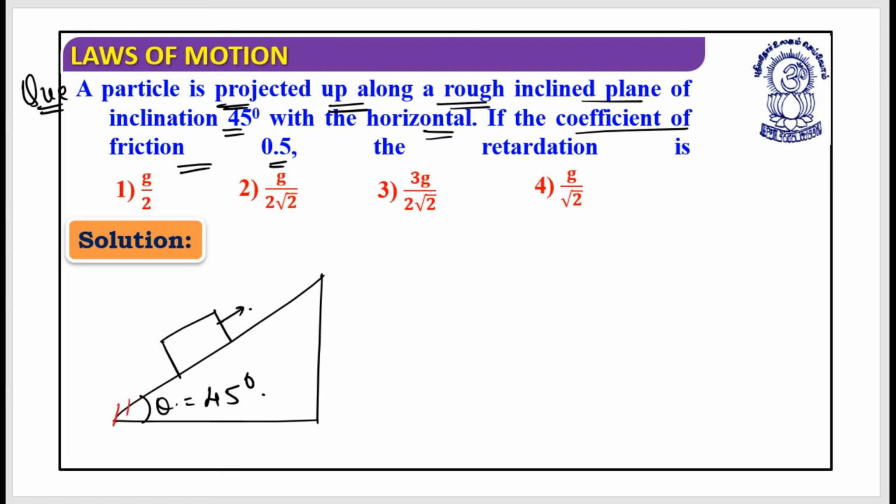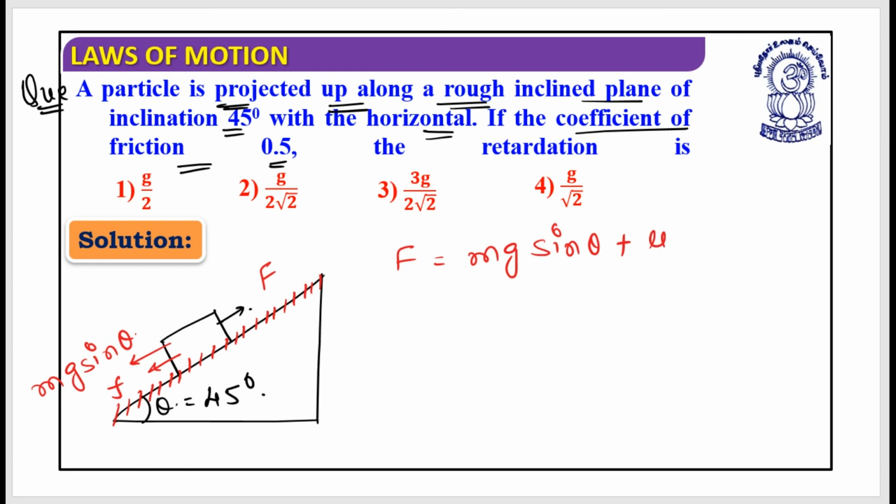As it is moving in the upward direction, this is the friction acting in the downward direction. This is mg sine theta, and this is friction. So this f could be written as mg sine theta plus mu into mg cos theta, but this f could also be written as m into a.